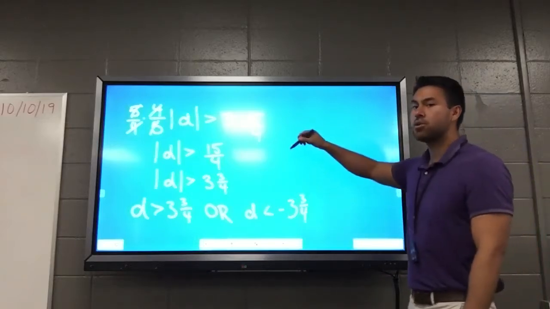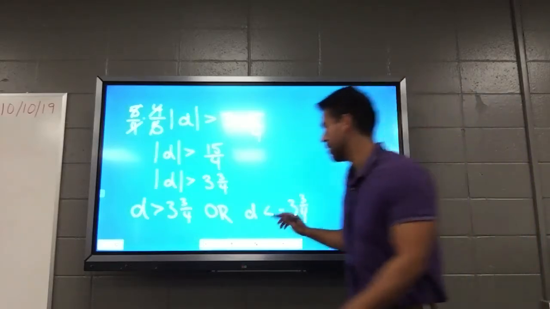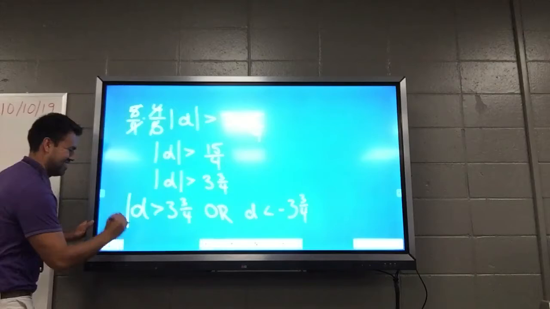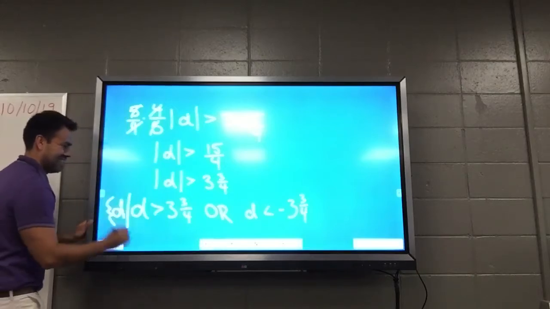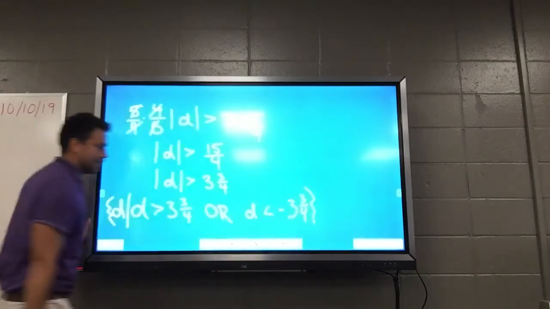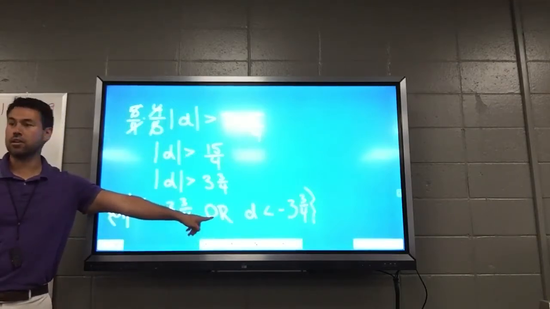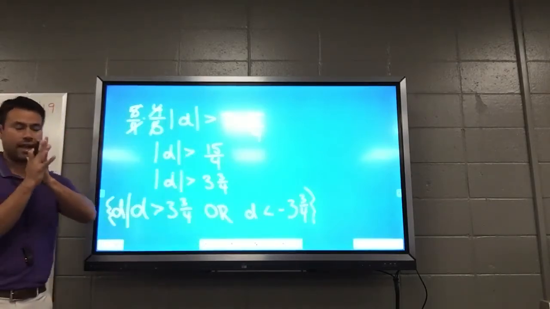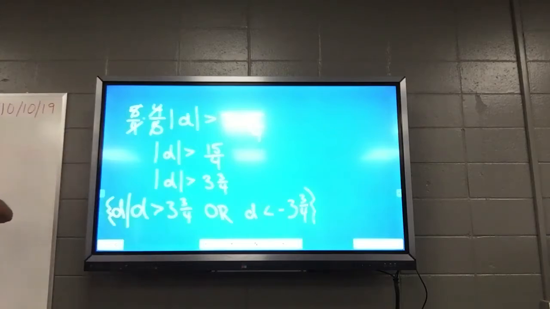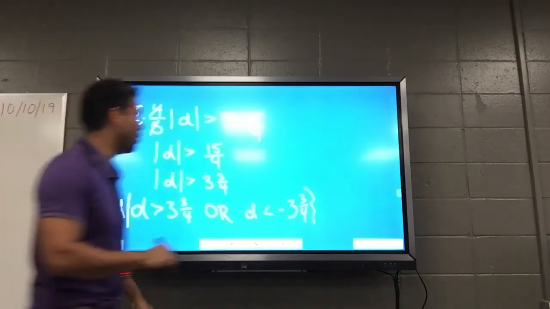All right, set builder. Okay, ready for set builder? Yes, sir. That's it. That's set builder. Because of or, you don't combine them into one. You cannot combine them. They're a disjunction. They're separate. Okay, but then interval.